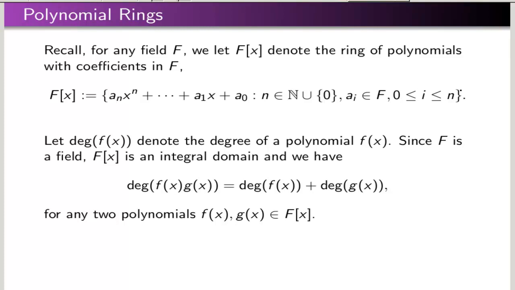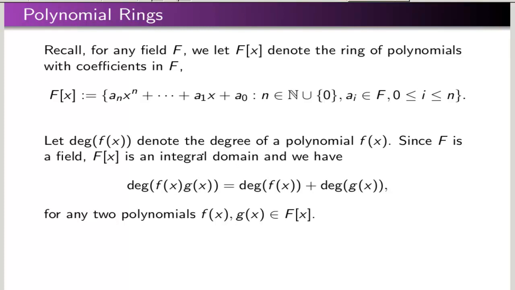When you multiply two polynomials, you get a polynomial where the coefficients are back in the field of definition. So this is in fact a ring, and it's an integral domain. So let's see if we can recall why it's an integral domain.